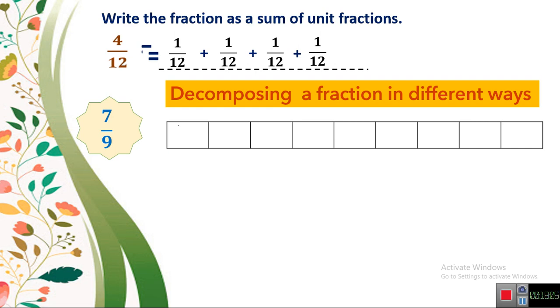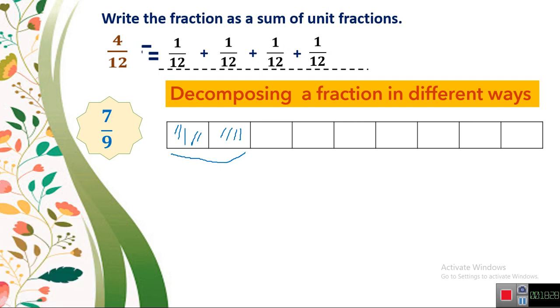So I would shade first the first part, and I would shade the second part with the color blue. So I would have 2/9 as my first addend.